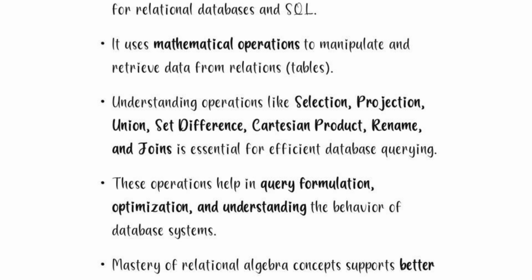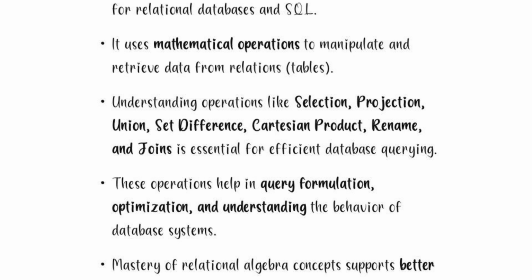Join operations overview. Join operations are among the most important in relational algebra. They allow us to combine related data from two or more relations. A join is basically a Cartesian product followed by selection.